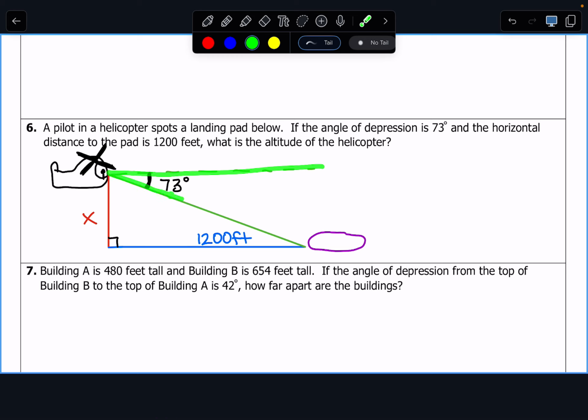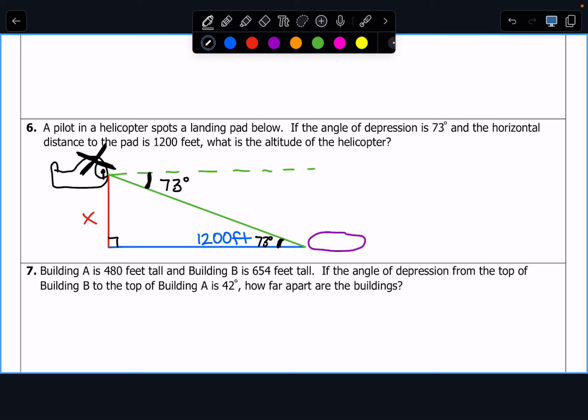Parallel line, transversal, parallel line. We have alternate interior angles. So, Alex is right. This is the same thing as the angle of elevation. Oh, wait a minute. That means it's inside the triangle, which means you can do everything.